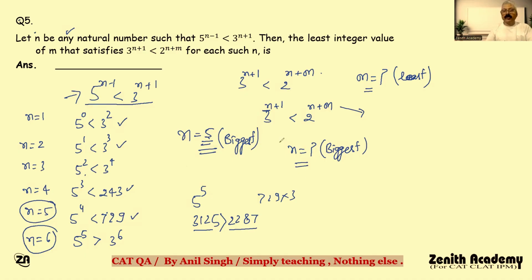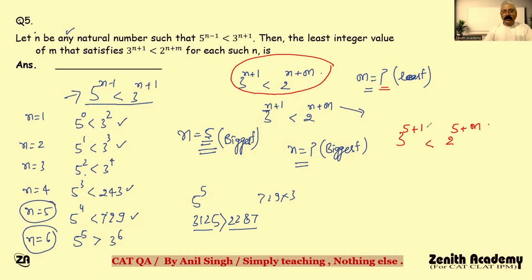Now come to the question. The question is, we have to find the least possible value of m which can satisfy this inequality. So here we take the biggest possible value of n, which is 5: 3 to the power 5 plus 1, that is 3 to the power 6, and here it is 2 to the power 5 plus m.